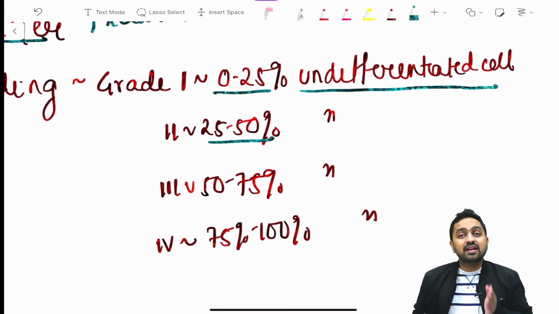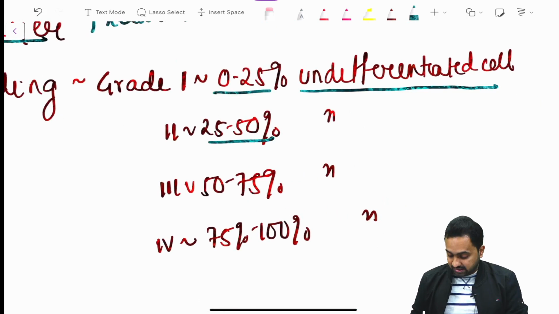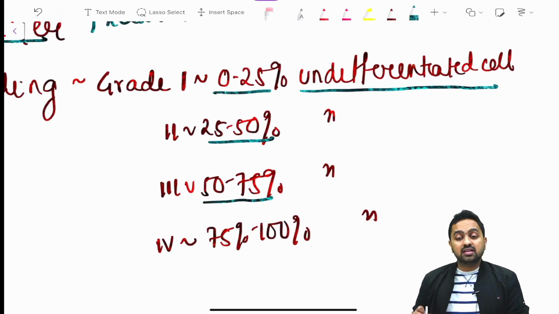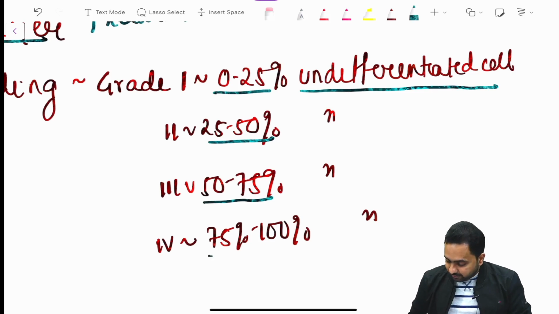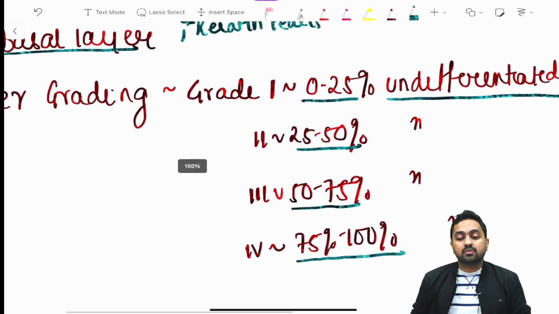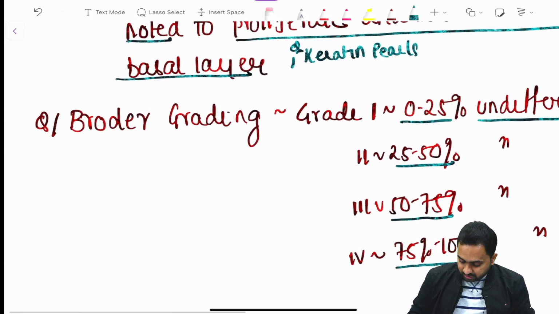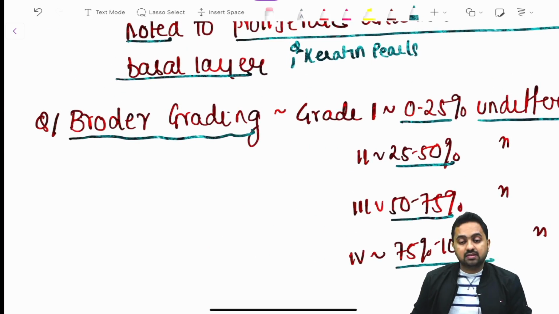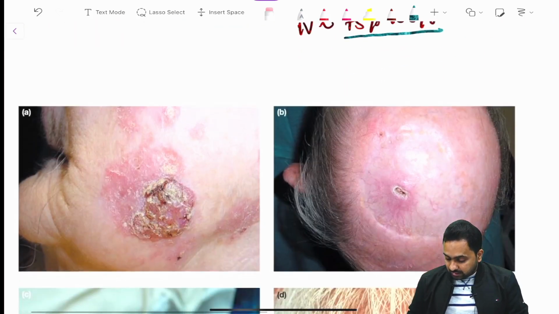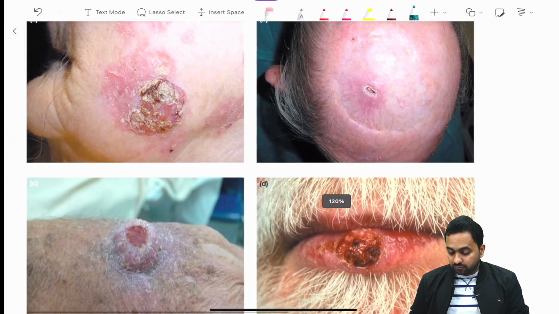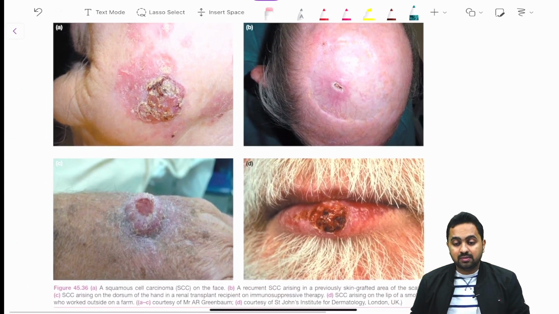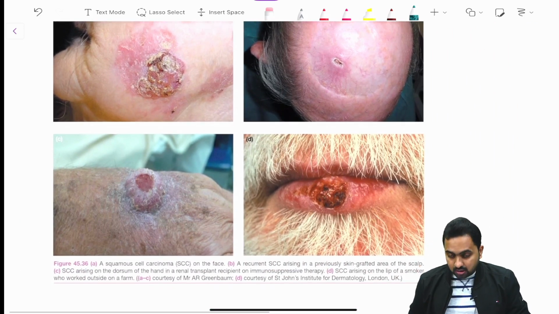Grade 2 is 25 to 50% undifferentiated cells. Then grade 3 is 50 to 75% undifferentiated cells, and grade 4 is 75 to 100% undifferentiated cells, right. So, these are some examples of your squamous cell carcinoma images which have been taken from your Bailey and Love.